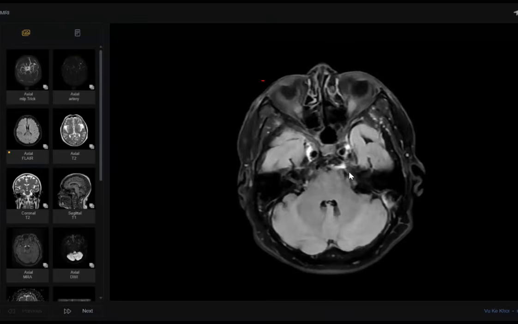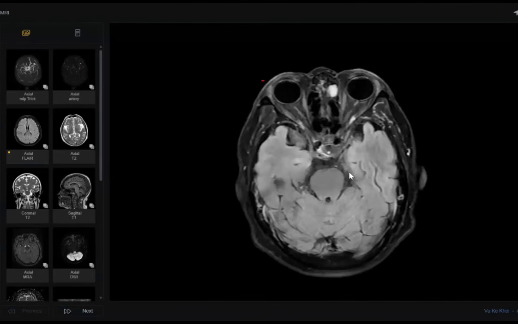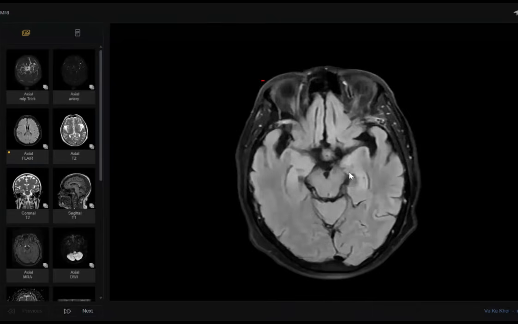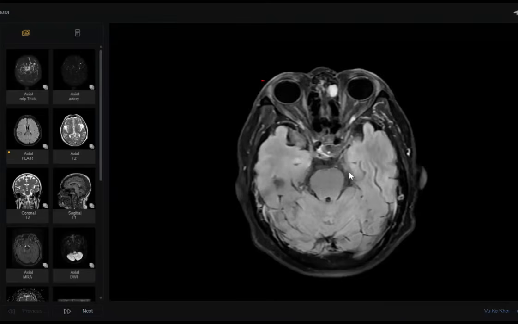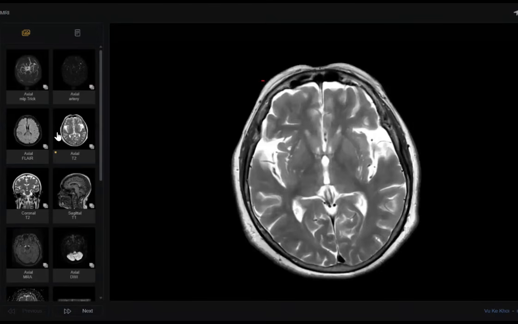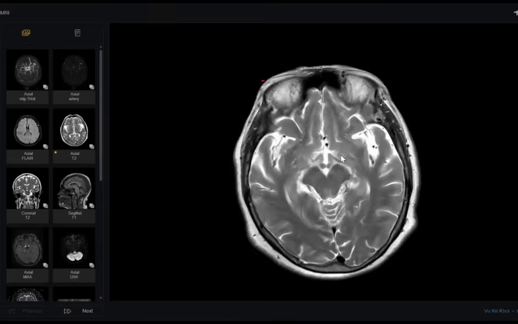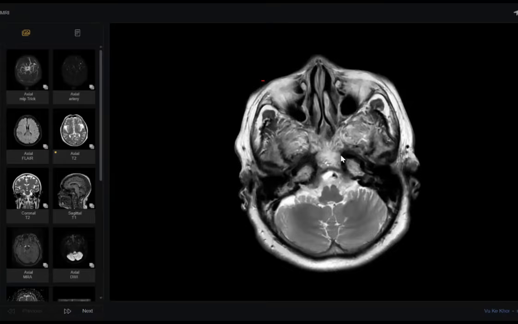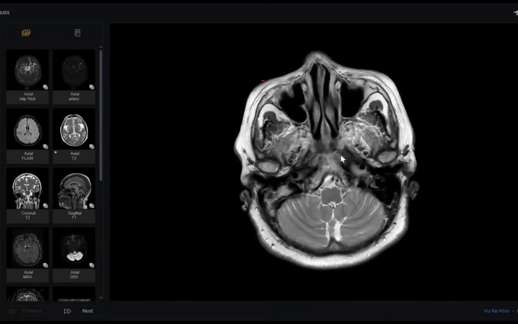Okay, these are the vessels generally, especially the carotid, one of the very important review areas. Also the orbits and skull base and both internal auditory meatus.